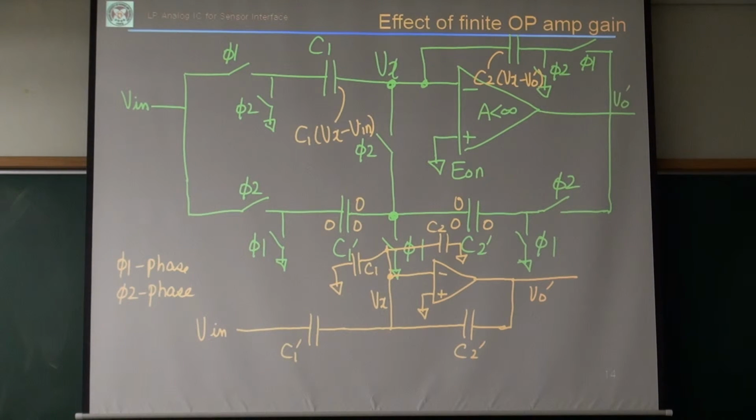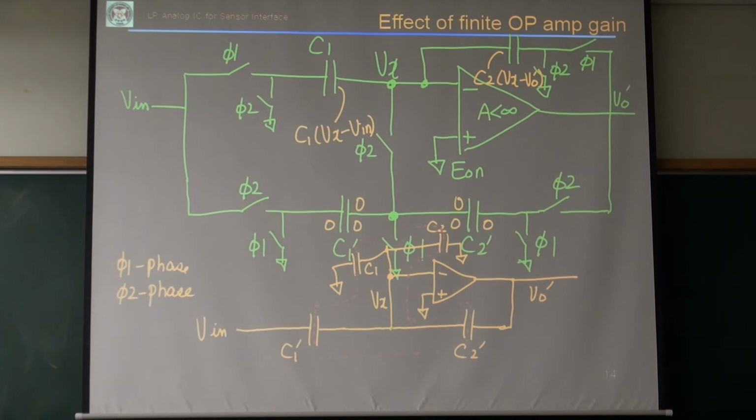So here again, we have a cut set. In this cut set, there is no DC current path, so the charge inside this cut set must remain the same during phase 2, right?